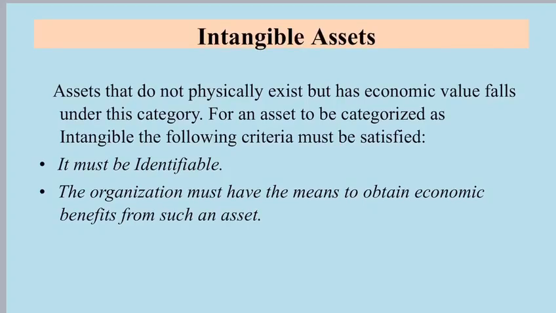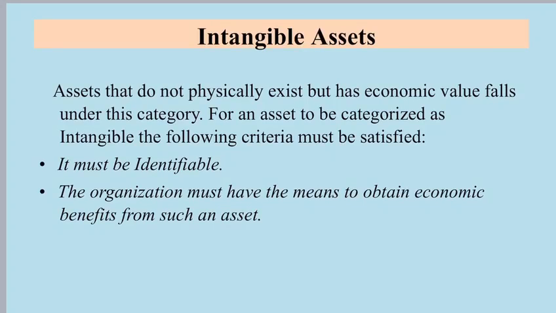Now, let us take an example. Let us say a particular company has brand equity. Brand equity means they have a brand value, they have goodwill. Out of that goodwill, they are charging a premium to the market and this is generating sales. So, this goodwill item is very much an asset because it has an economic value.